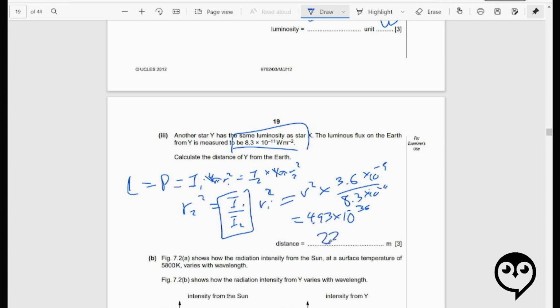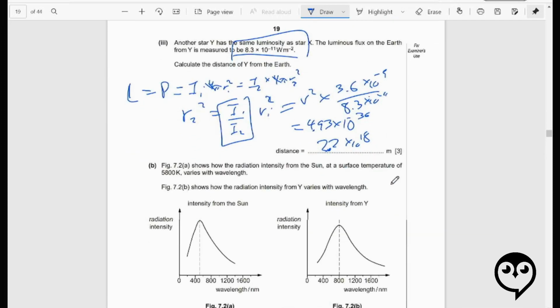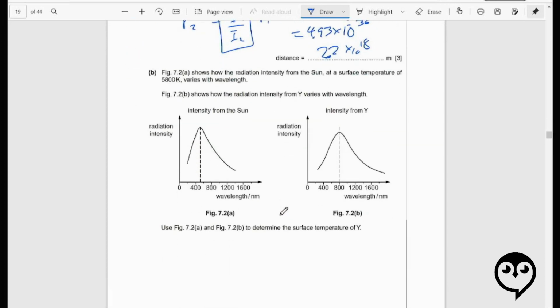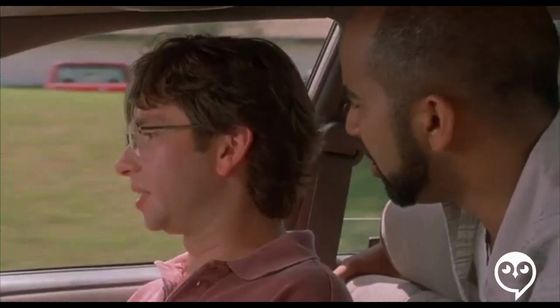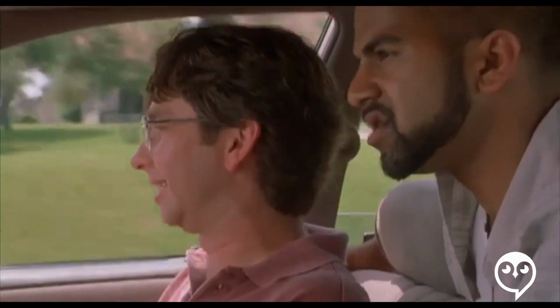And I end up with 2.2 times 10 to the 18. So I think that's what we need. Just watch what you're doing. Make sure you've got your calculator buttons and brackets and that exponent button, all the stuff you need to get the right answer. I must have put a decimal point in the wrong place or something. I always mess up some mundane detail.